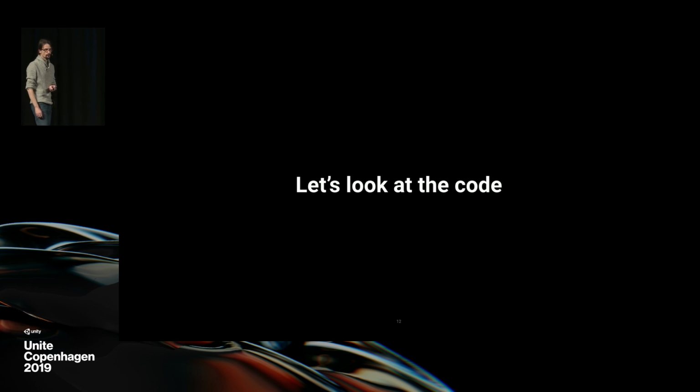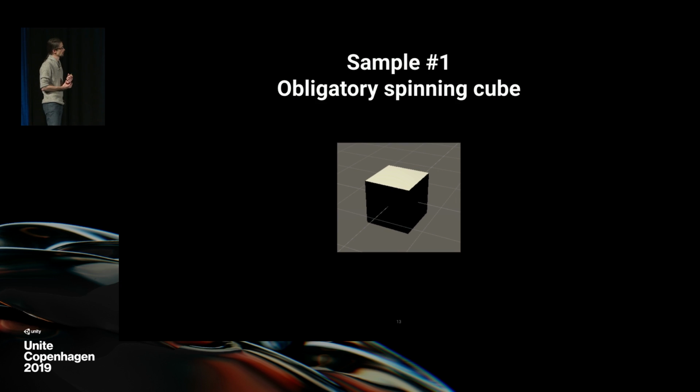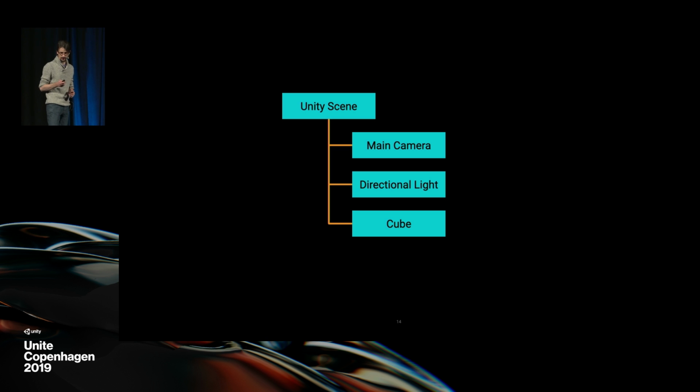Starting with the simplest possible example, which is almost trivial, but will still be a good opportunity to introduce a few important concepts. Just your classic Hello World equivalent for Unity, a spinning cube. If we were making this only using GameObjects, we create a Unity scene.